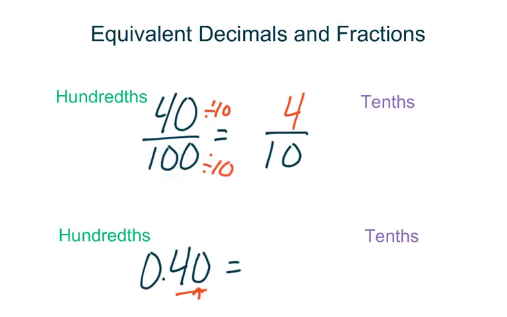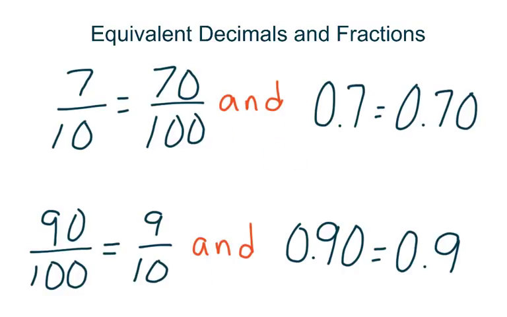So if we're writing this as a decimal and we're writing it as tenths, we would write 4, and we want that 4 to be in the tenths place, and so that's it. We removed a 0, or like we did on top, we divided by 10. On the bottom, we're just taking that 0 away. So 40 hundredths is the same as 4/10.